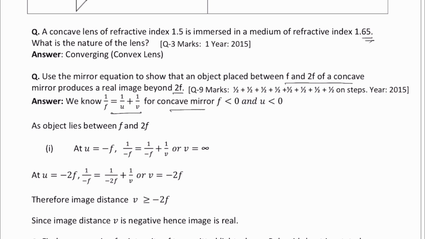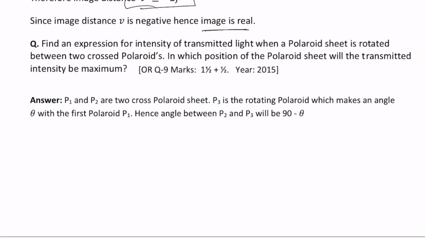As the object lies between f and 2f, at u equal to minus f, the v is infinity. At u equal to minus 2f, v becomes minus 2f. So therefore image distance is greater than minus 2f. Since the image distance v is negative, hence the image is real. That's all.